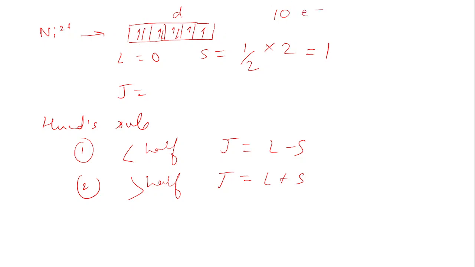Here there are 8 electrons, which is more than half. So we will use J equals L plus S. L is 0, S is 1, so J will be 1.